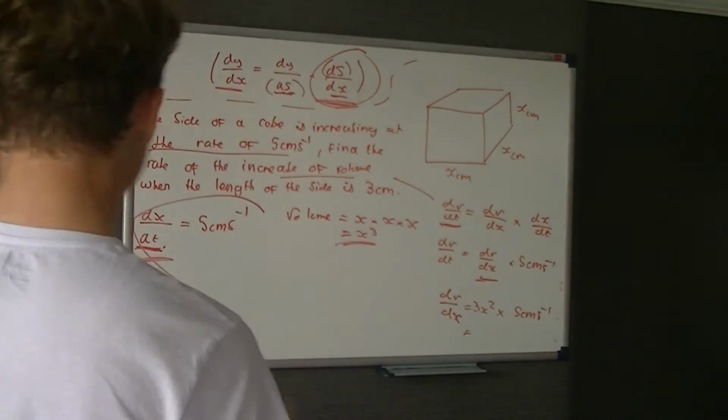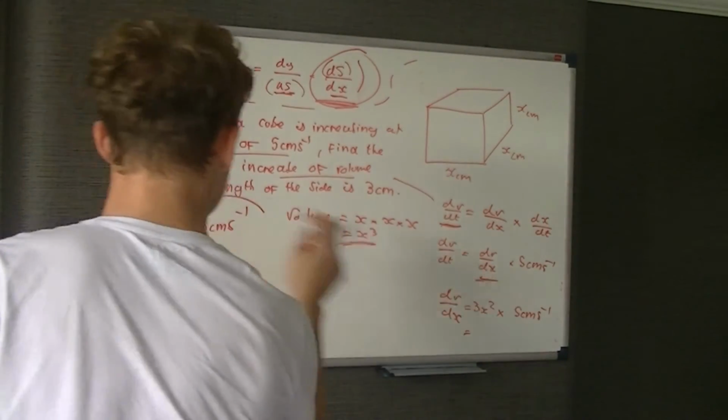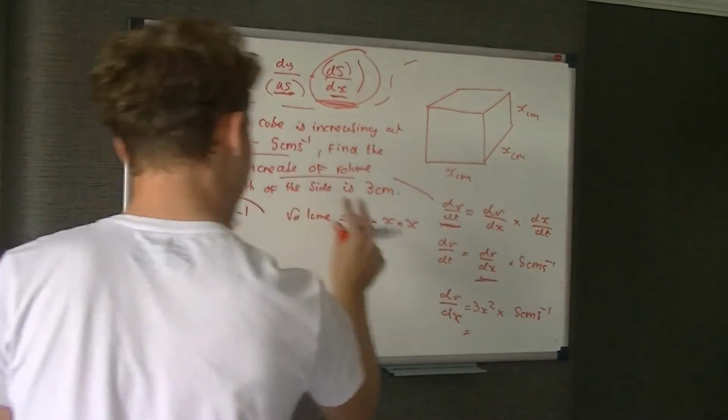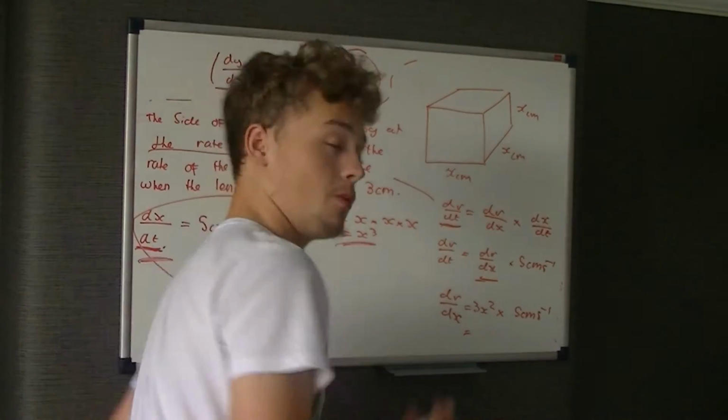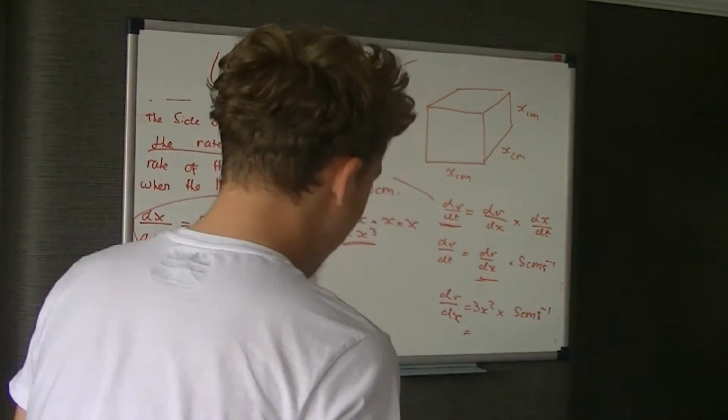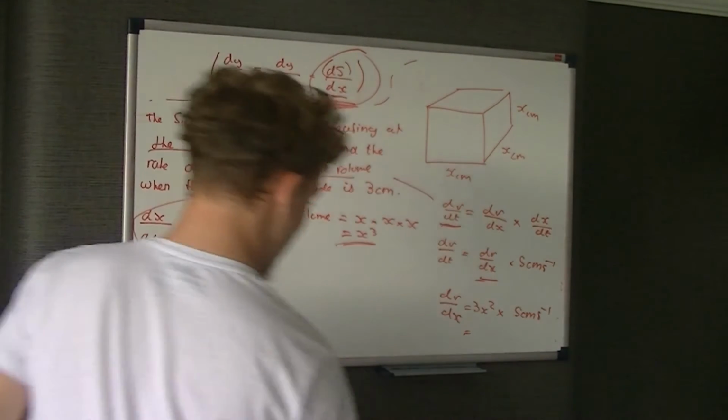Okay? So it says, find when the length is 3 centimetres. We've done the first bit, we've done the second bit, now we're on to the third bit. We said x is the length of one of the sides, so we simply sub x equals 3 into this equation.